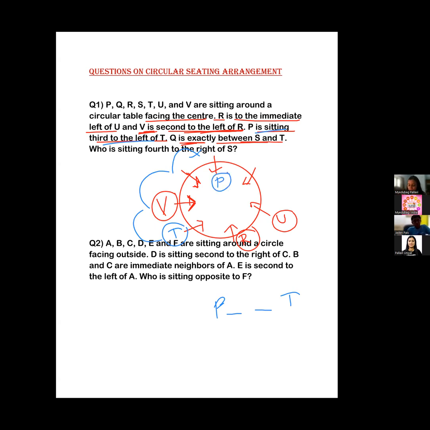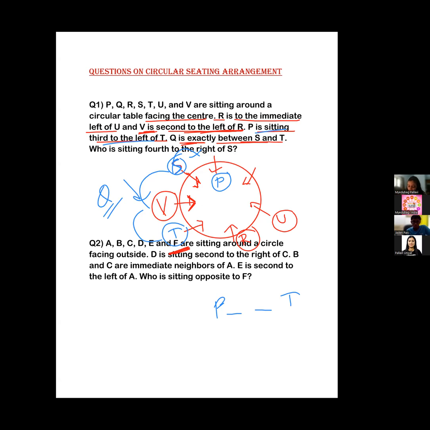Also it is given that Q is between S and T. If T is here and I put S over here, according to the question, Q should come here, no? But already V is sitting here. That is coming wrong, isn't it?